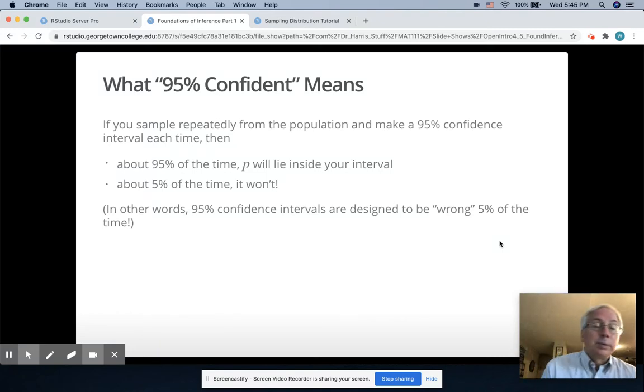So as you see here in parentheses, the method that we're using is designed to fail 5% of the time. But we're using a method that works 95% of the time. That's why we say we have 95% confidence in any single interval that we construct containing the population proportion P.